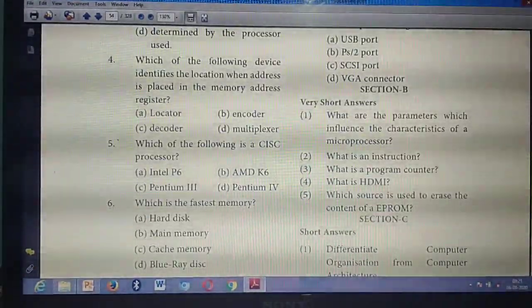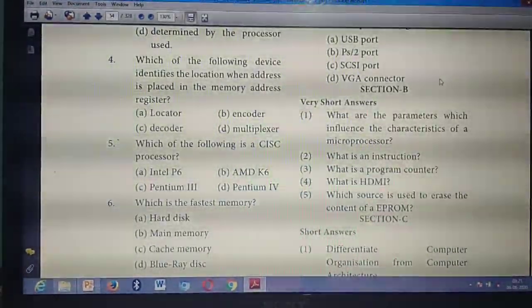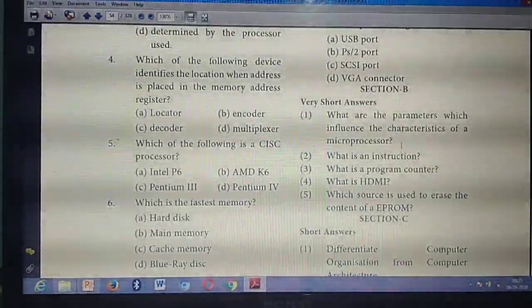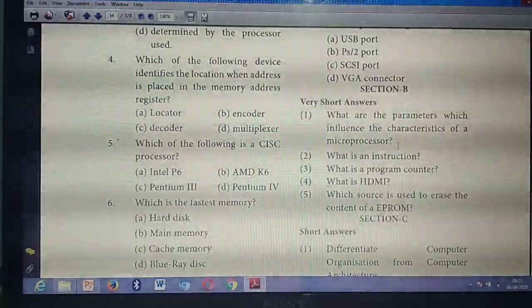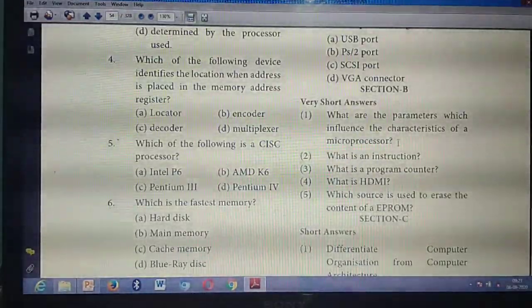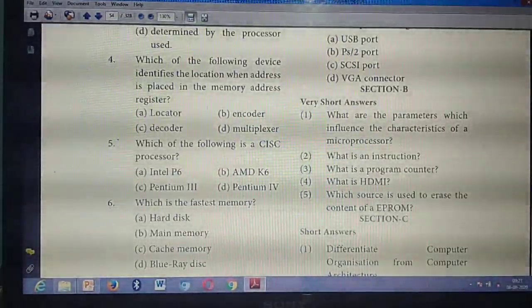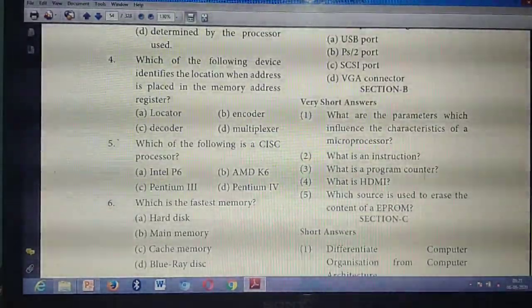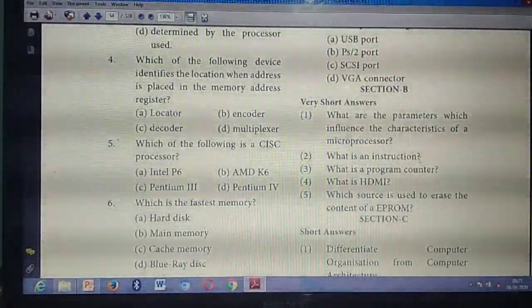First write the page number here. First question, page number 42. Second question, page number 42.